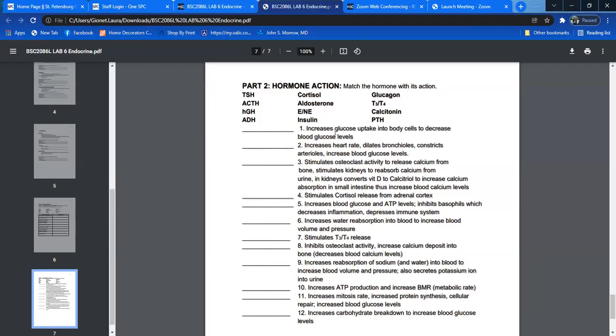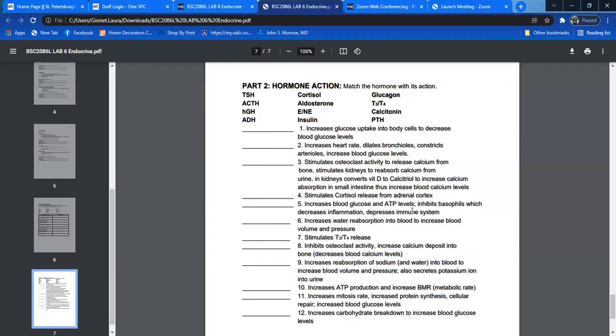Okay, so the ones that have some key terms, I would say are number 5, when you increase blood glucose, inhibit basophils, decrease inflammation, depress immune system. Right? You really want to keep that connected to cortisol. And this is why people say, if you're under a lot of stress, you're more likely to get a cold or a flu.